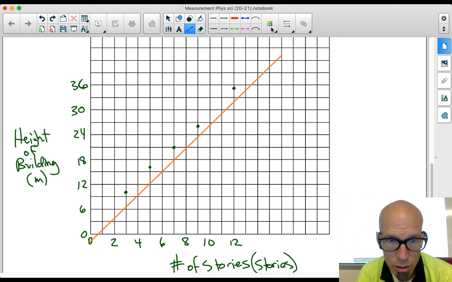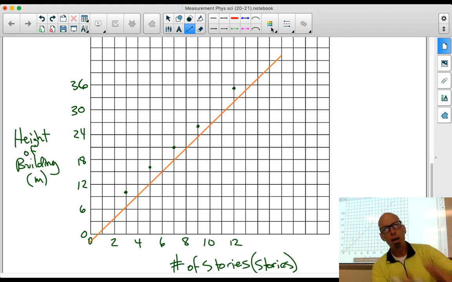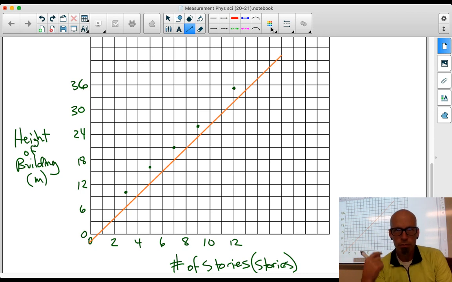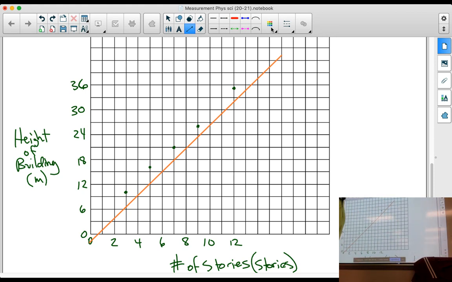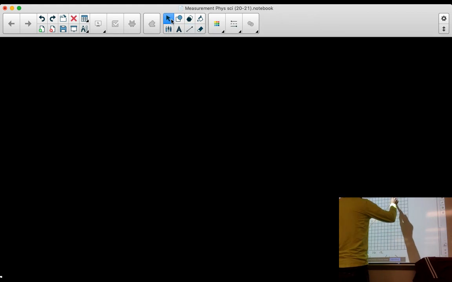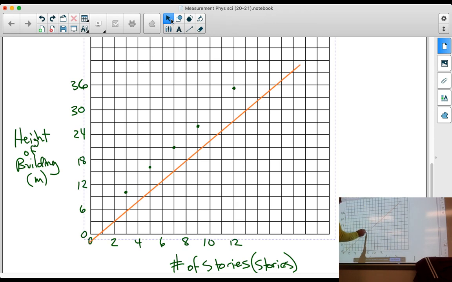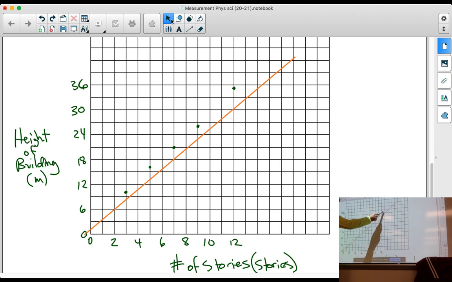I want it to look like it's running parallel with my data. If I adjust it like this, I think it's pretty clear that's not parallel. It's getting further away from my data up at the top, and closer to my data down at the bottom. That's not parallel.